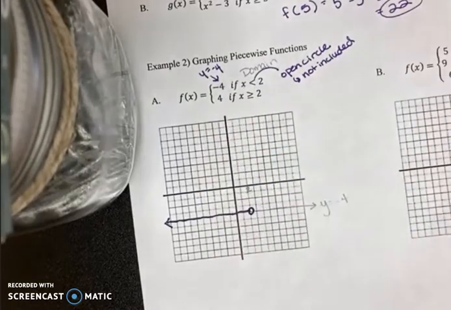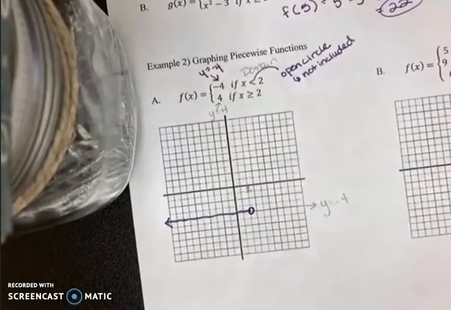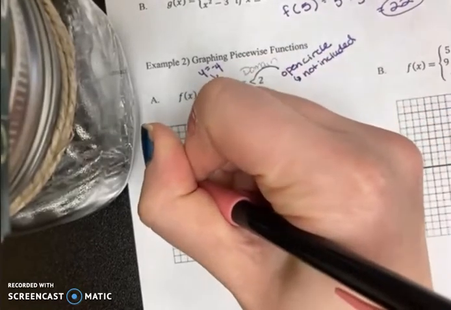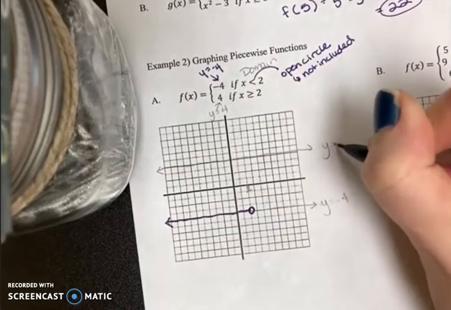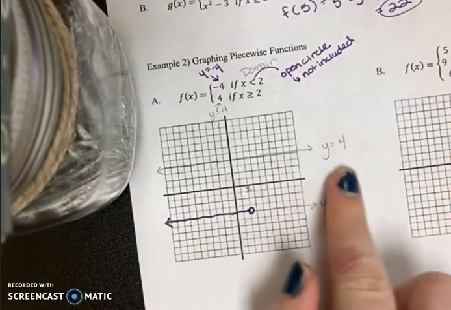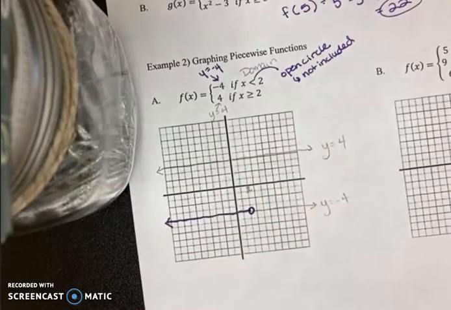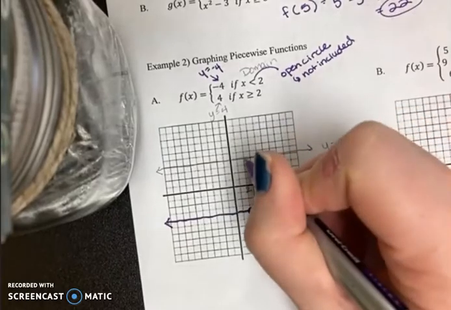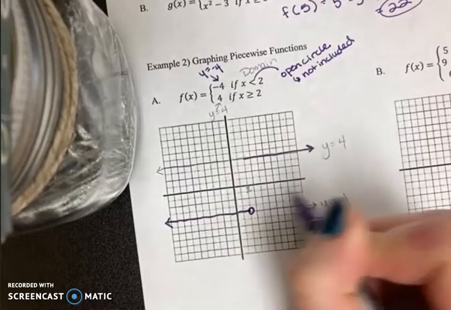My second function is y equals 4. This is a positive 4 this time, so I'm going to go up 4, 1, 2, 3, 4, and draw a horizontal line. Now, I don't want to use that whole function. I only want to use the part on my specified domain. So when x is greater than or equal to 2, so here's 2. I want the right-hand side because these are the x values that are bigger than 2.